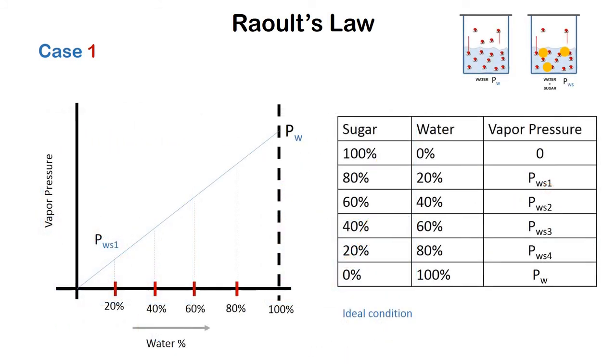Here we have plotted the vapor pressure of the solution at different concentrations of sugar. When the concentration of sugar is 0%, the vapor pressure of the solution is that of pure water. As we add more sugar, the vapor pressure of the solution falls.